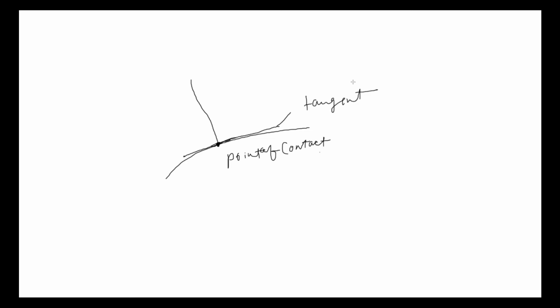This line is called tangent. When this line is creating an angle of 90 degrees with this line, then this line is called normal. This is called normal.